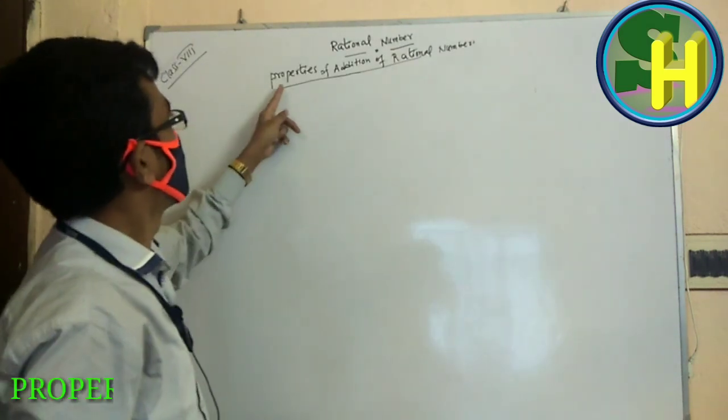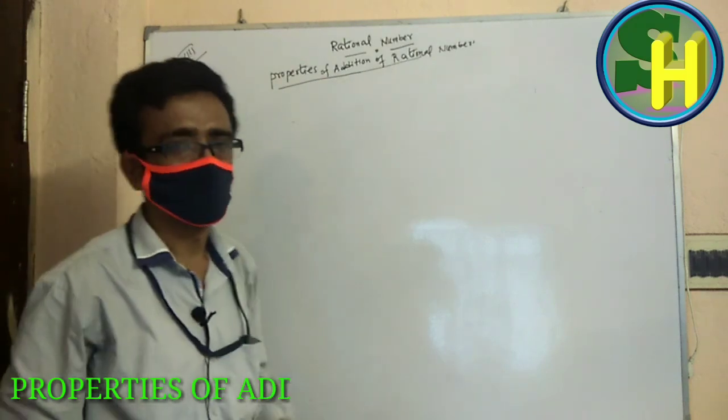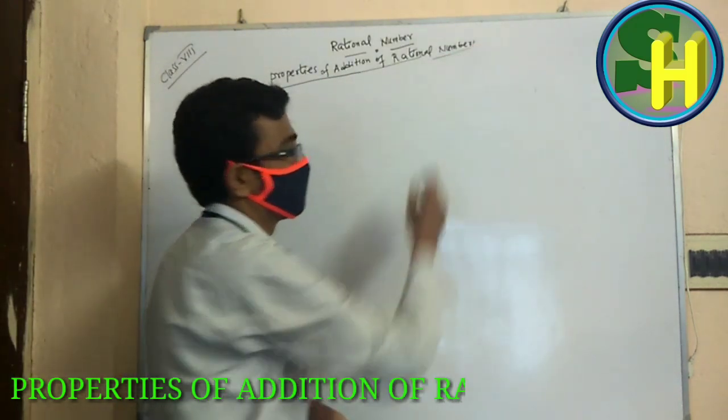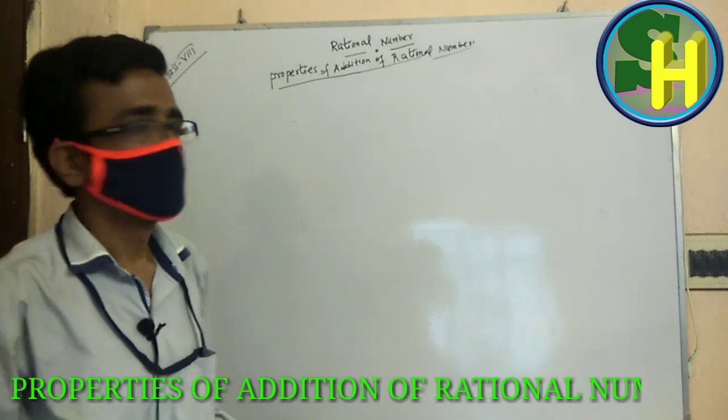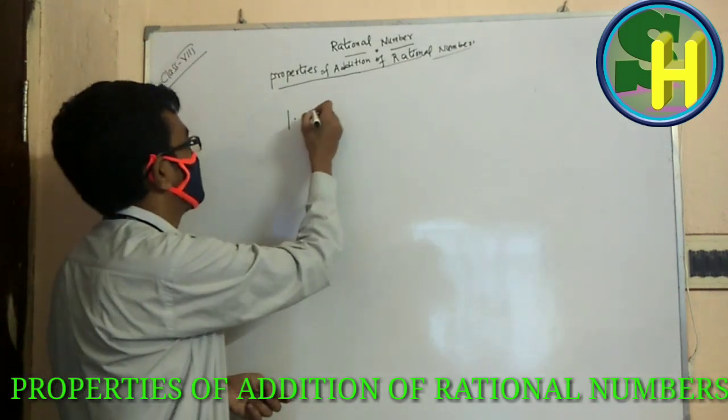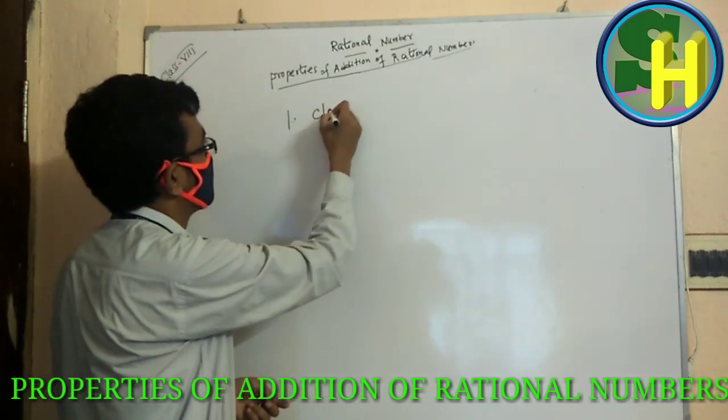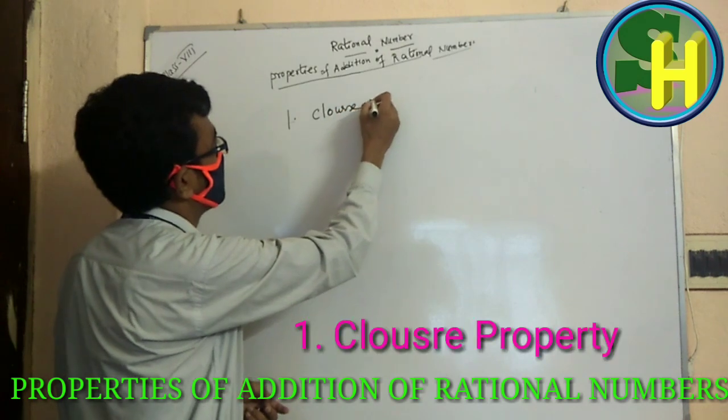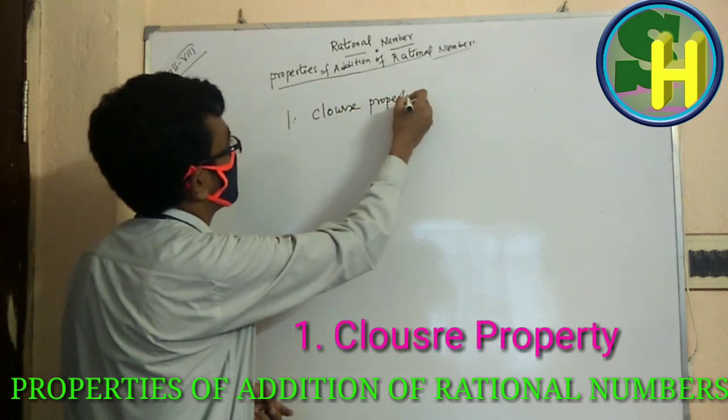Next are the properties of addition of rational numbers. There are different properties. First of all is the closure property.